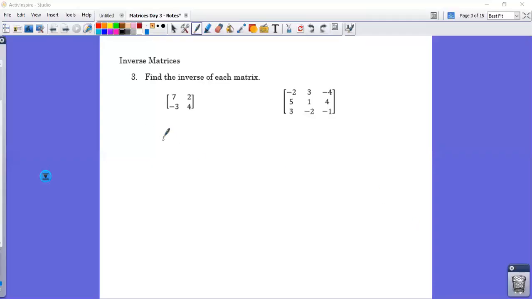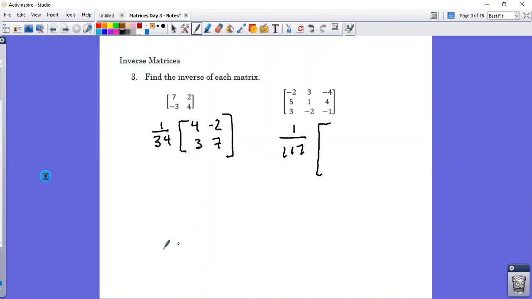Okay, so like I said, that 1 over 34 times 4, -2, 3, 7 would be the inverse of that matrix. And this one was 1 over 117 and 7, 11, 16.